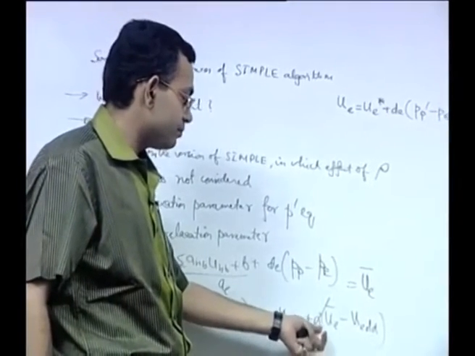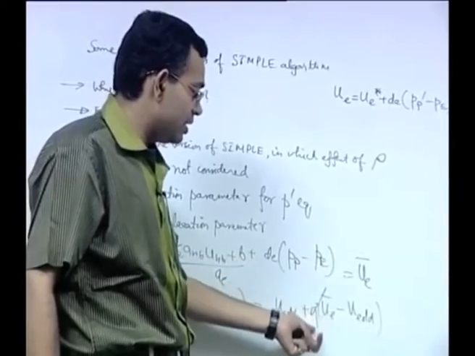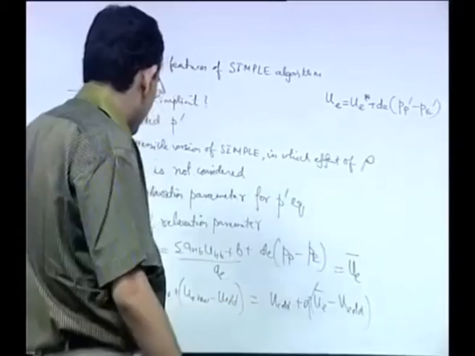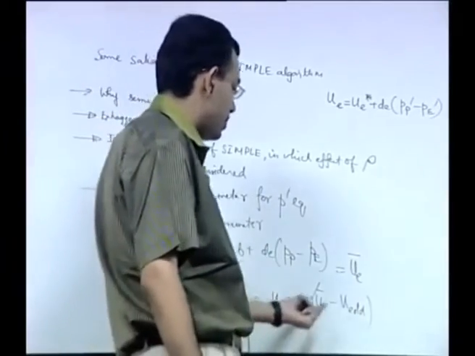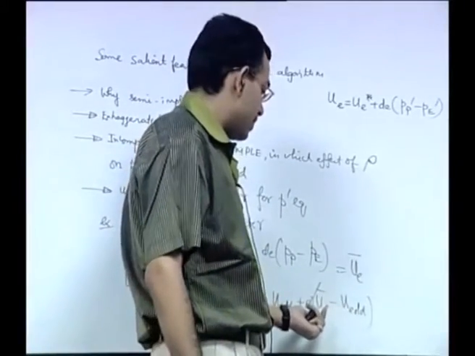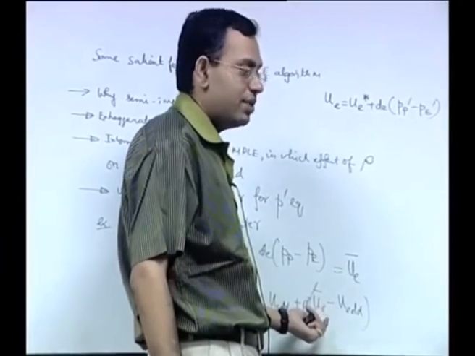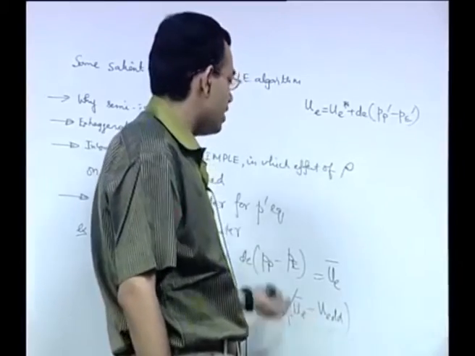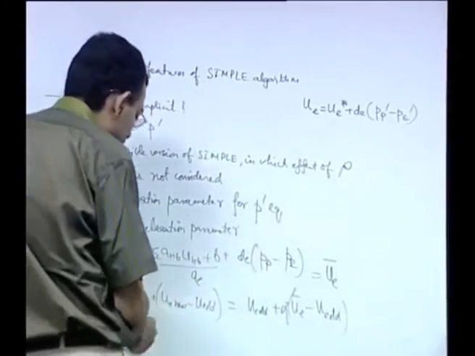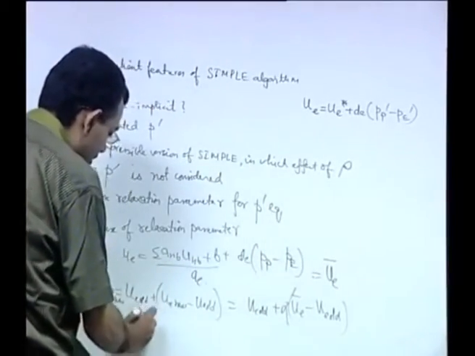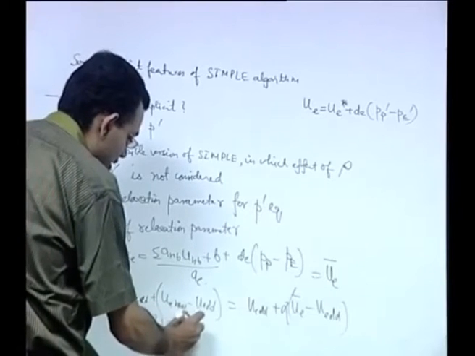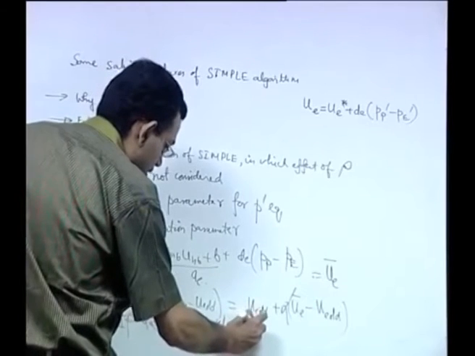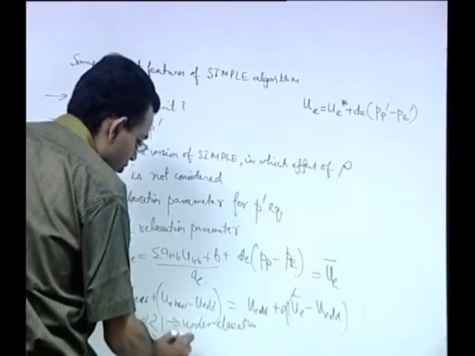When we have this relaxation parameter alpha, by this you control the change. So, u new is equal to u old plus the change. If alpha is less than 1, that means you are slowing down the change. It is called under relaxation. If alpha is greater than 1, it is over relaxation.